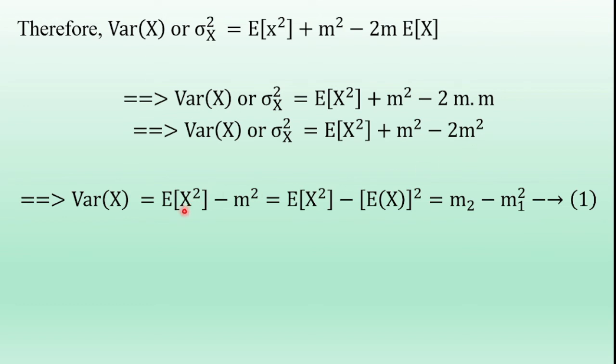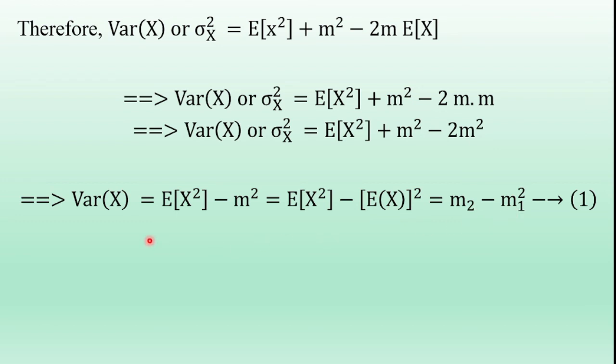Expectation of X square is the mean square value of the random variable, or second moment of the random variable, and it is also denoted as m suffix 2. And m is the expectation of X, so it is expectation of X whole square. Expectation of X is the first moment of the random variable, also denoted as m1.